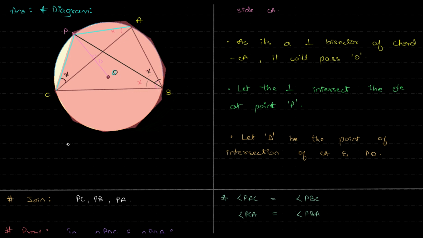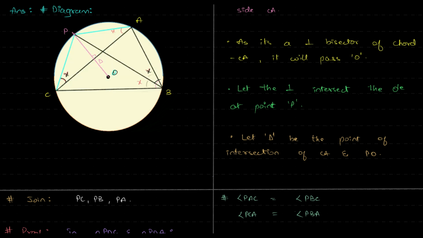This would be your chord. If this is your chord, this is your segment, and the major segment, that is. And if I happen to join the chord with the circumference of the circle on the same side, we have these two pairs of angles equal. And so I have written over here the same thing.